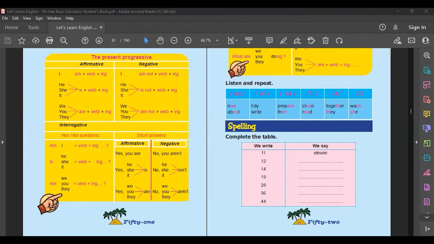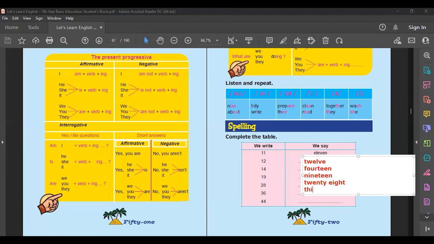Complete the table. Now we are going to write the numbers. So for example, we have 11. Next we have, this is very easy, isn't it? We have 12. Next, we have 14. Next, we have 19. Next, 28.